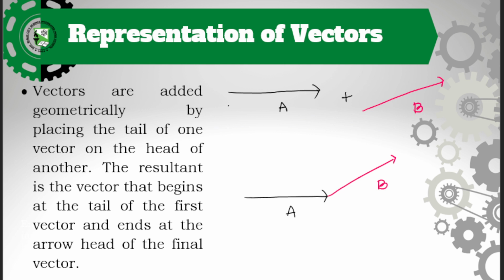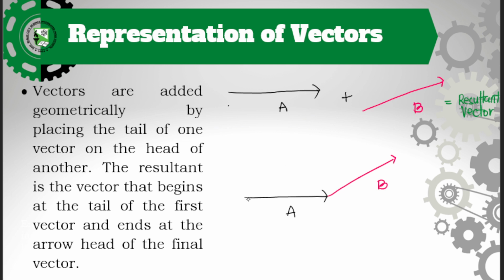So, para makuha natin yung resultant vector, ang tawag natin sa sum ng ating dalawang vectors is the resultant vector.